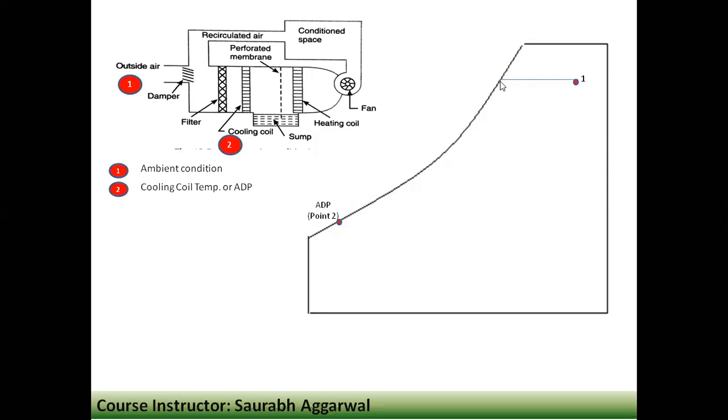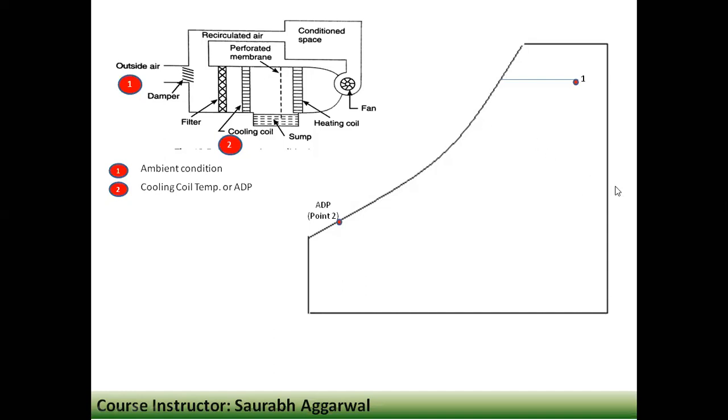Now once this air reaches the saturation point, it cannot saturate any further. So now what will happen, when it will be cooling, it will follow this curved path, and it will try to reach point 2. In this process it will condense more and more. The vapor present in the air will condense more and more, and it will start to dehumidify.